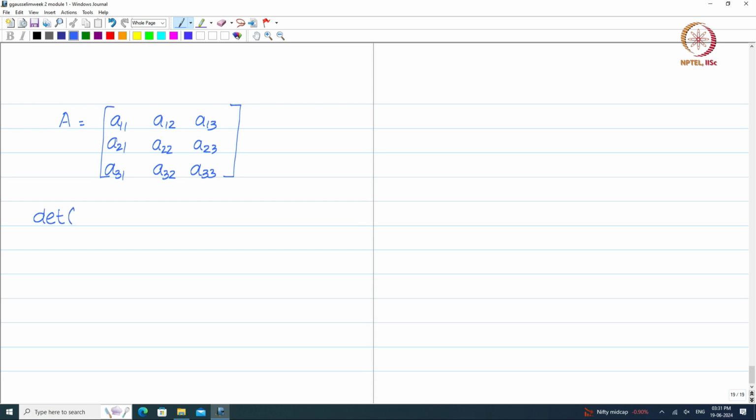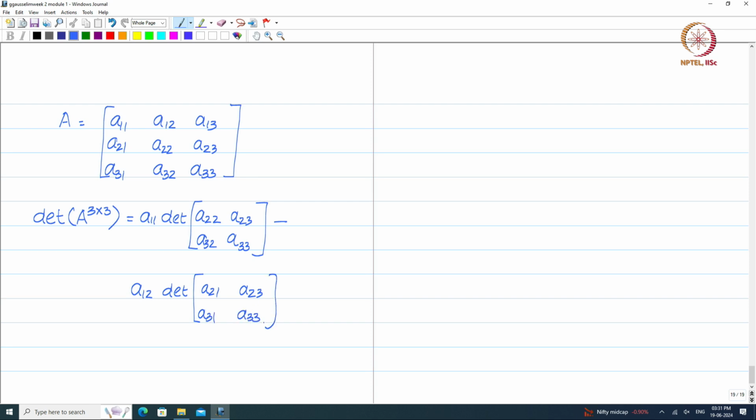Determinant A is equal to A11 into determinant of A22, A23, A32, A33 minus A12 into determinant A21, A23, A31, A33 plus A13 into determinant A21, A22, A31, A32.